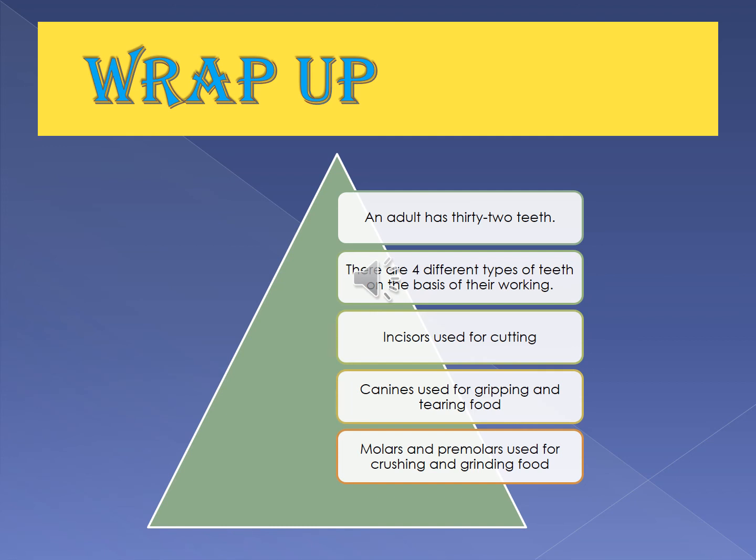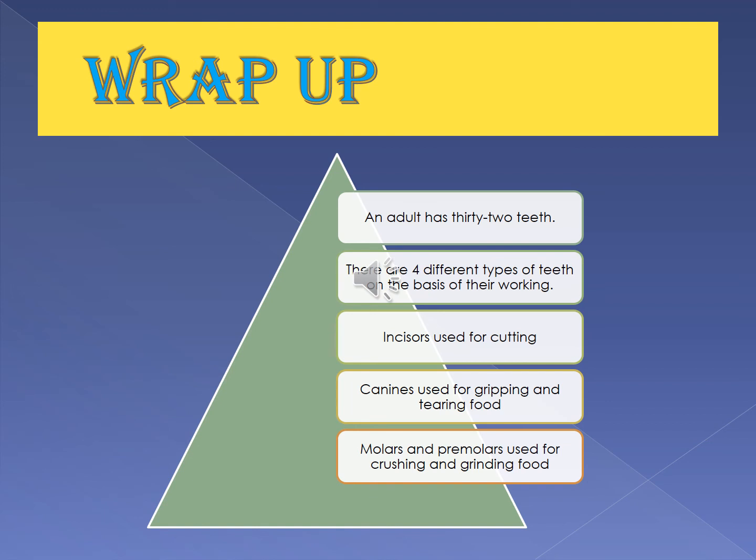Incisors are used for cutting. Canines are used for gripping and tearing food. Molars and premolars are used for crushing and grinding the food. I really hope that you have understood the concept clearly.